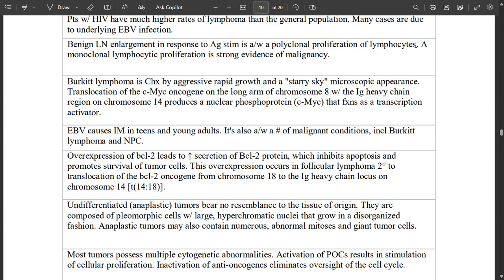If there is an antigen stimulus on a lymph node, there is multiple or polyclonal proliferation of lymphocytes inside the lymph node, resulting in lymph node enlargement. Monoclonal lymphocytic proliferation is strong evidence of malignancy. With infection, lymph nodes will be enlarged, but there is polyclonal proliferation of lymphocytes. But if there is monoclonal proliferation, where only one cell lineage is dividing rapidly inside a lymph node, then it is suspect for malignancy.